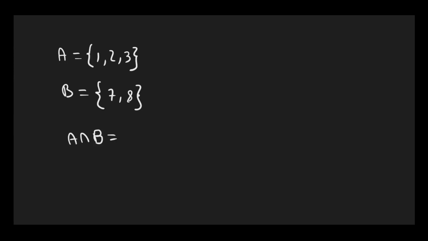So the first question that we have to ask ourselves is, do they have any element in common? So the answer is no. They don't have any element in common. Therefore, A intersection B is just going to be the empty set.